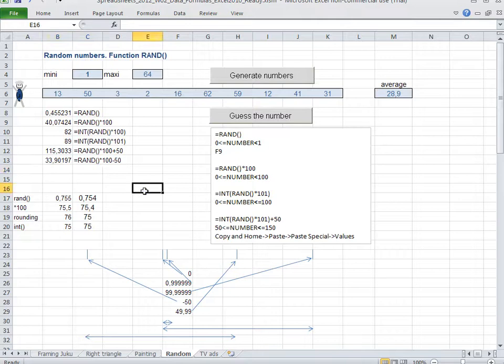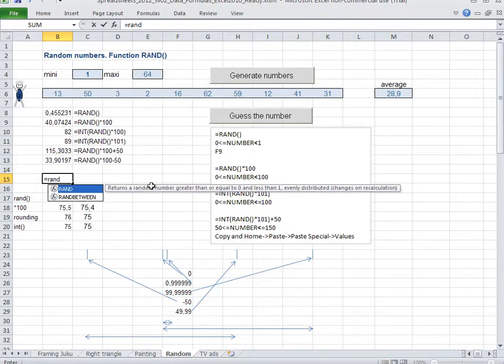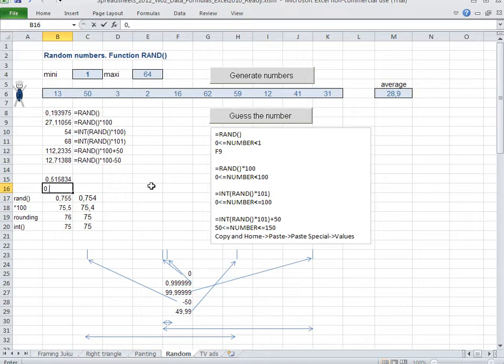Namely, an important thing here is to say that this system gives us numbers which are all equally likely, which means that if we take the rand function itself, and let's say the numbers are 0.515834, or 0.845883, or let's say 0.32351, then all these numbers come out equally.